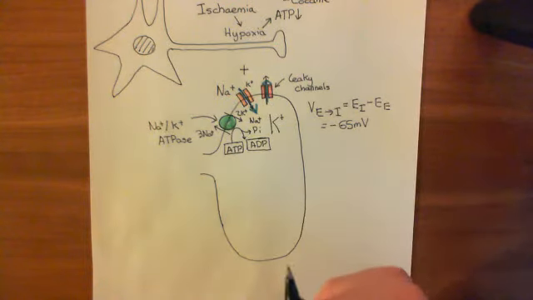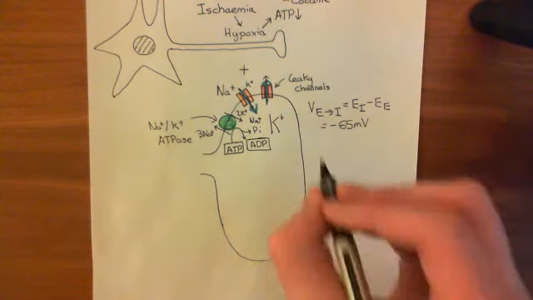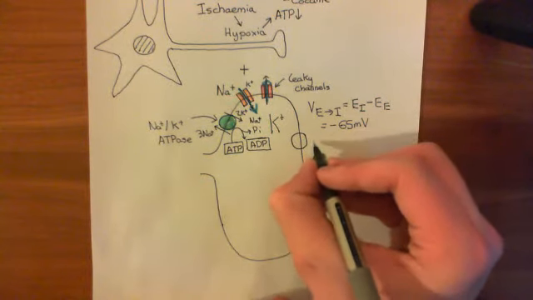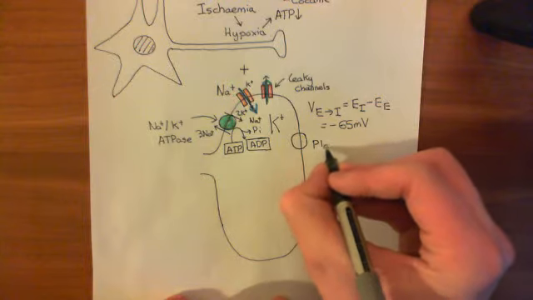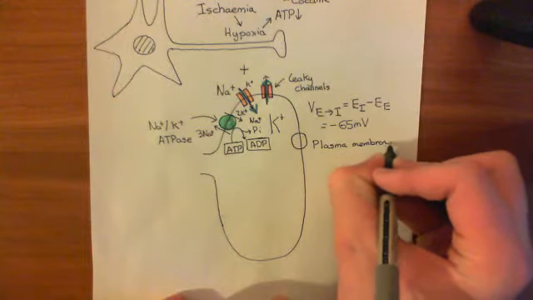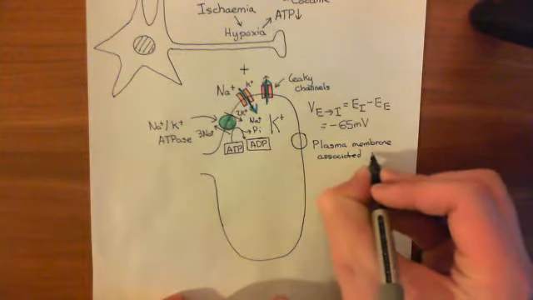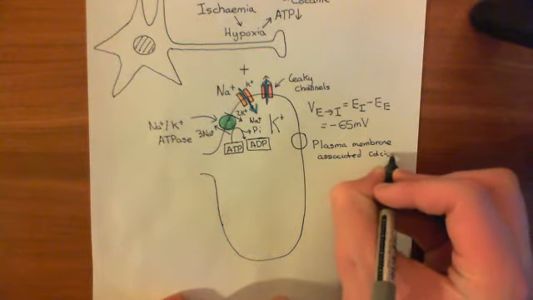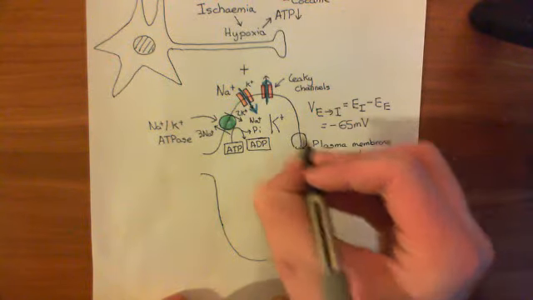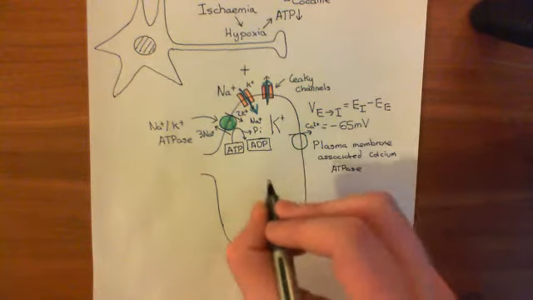Okay, now, that's one of the effects of ATP going down. Now another important role of ATP in the cell, in the axon terminal, is with this plasma membrane associated calcium ATPase over here. So this calcium pump basically extrudes a single calcium ion, and in exchange for the extrusion of calcium ions, ATP has to be broken down.